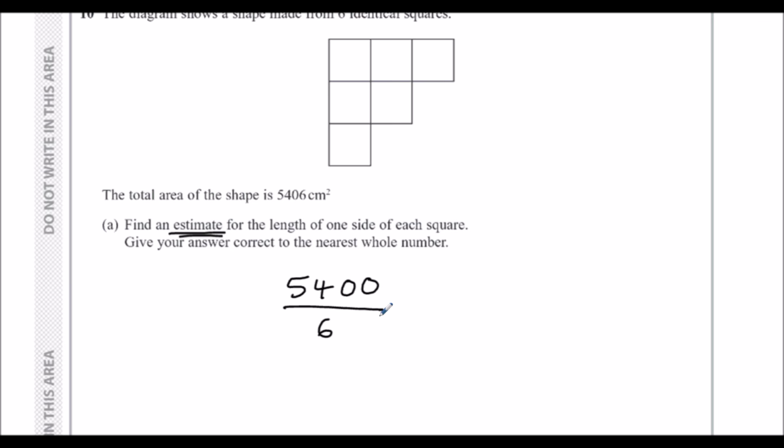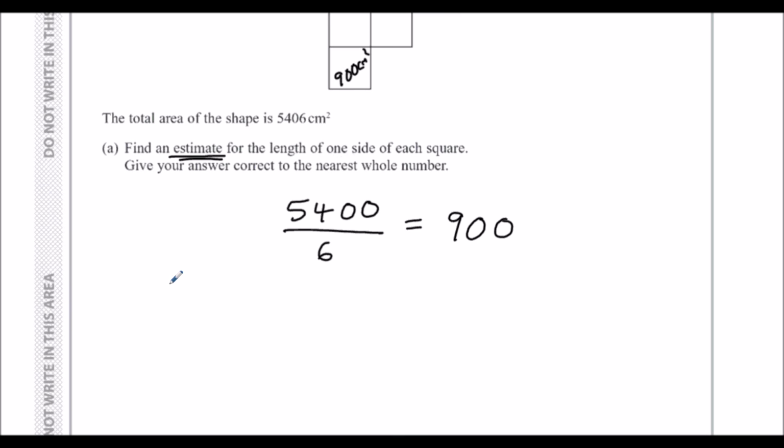If we divide that by 6, we know 54 over 6 is 9. So each will have an area of 900. So each square would have an area of 900 centimeters squared. To find the length of each side, we need to square root the area.